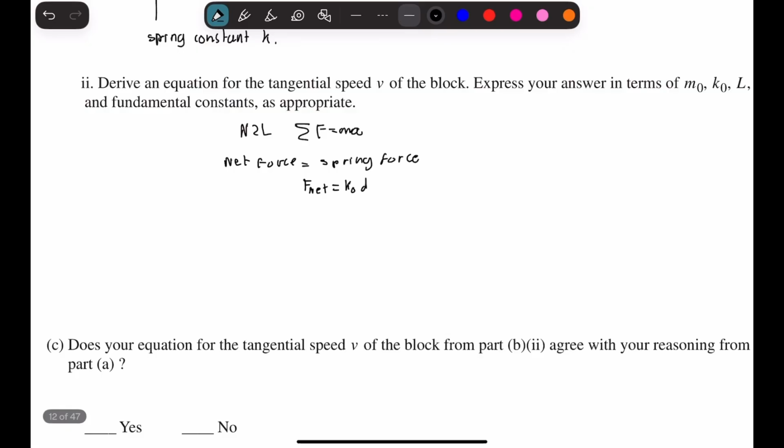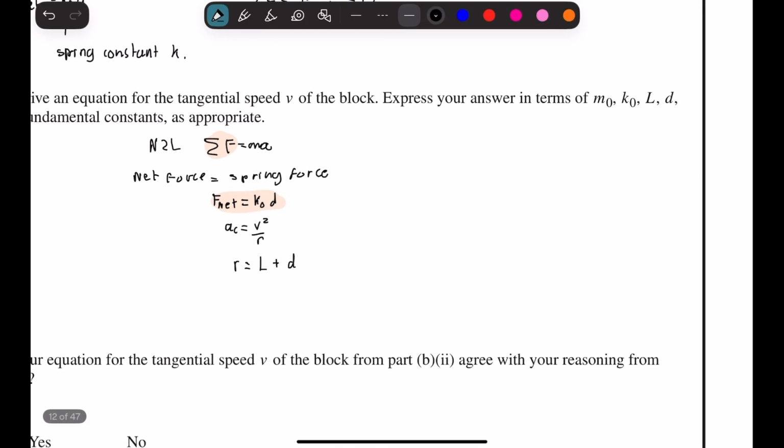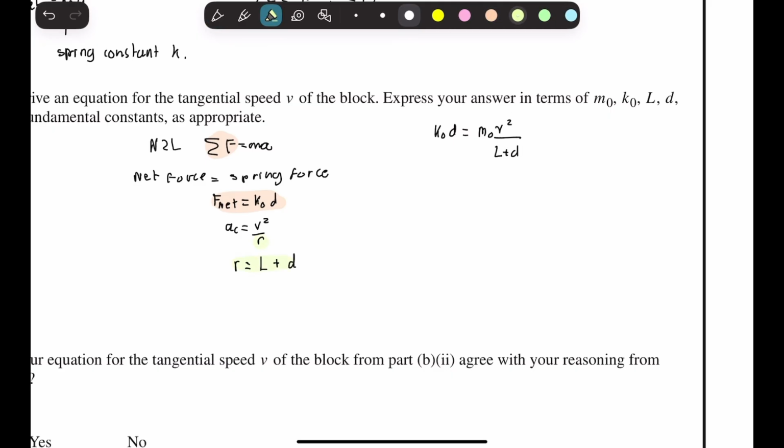Because the acceleration is centripetal, a_c is equal to v squared over r, and the radius is equal to the length plus d. Substituting into Newton's second law, k initial times d is equal to m initial times v squared over L plus d.